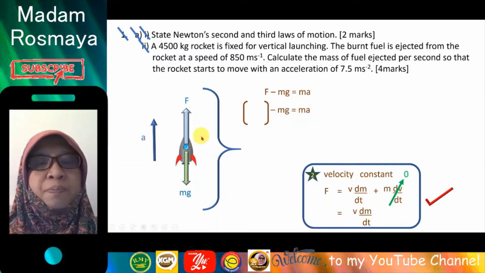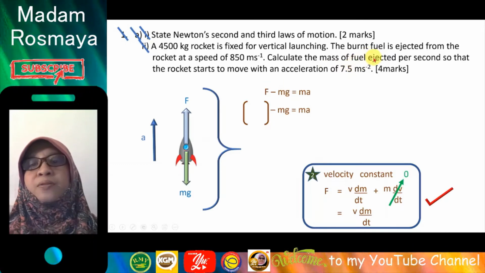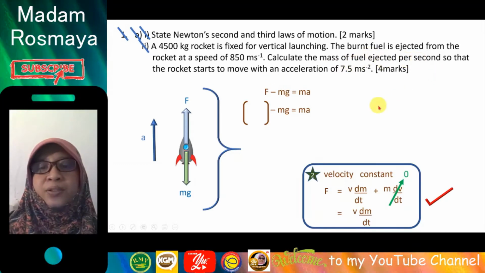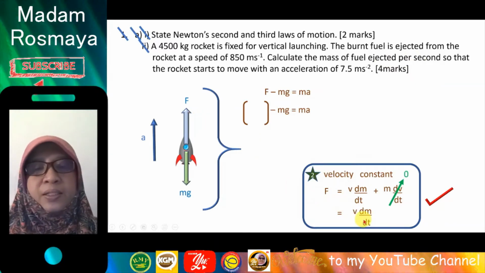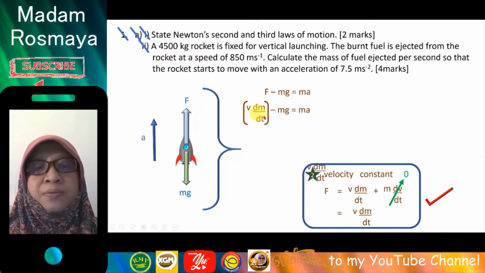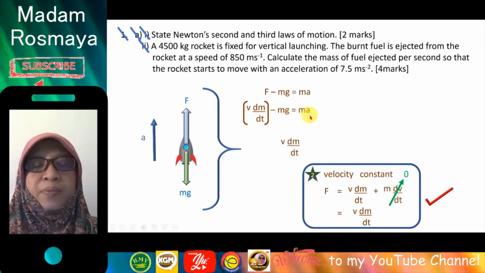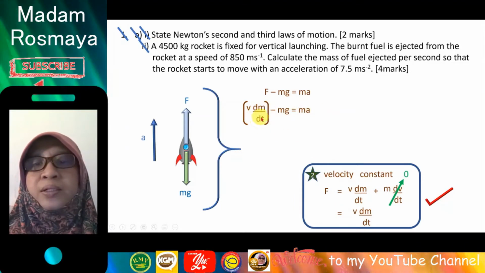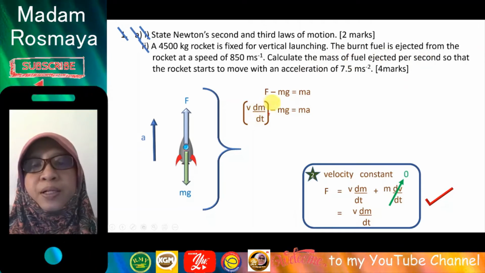The force here depends on the mass of fuel ejected per second, so F equals v dm by dt. We substitute in: v dm by dt minus mg equals ma. So dm by dt is the mass of fuel ejected per second.